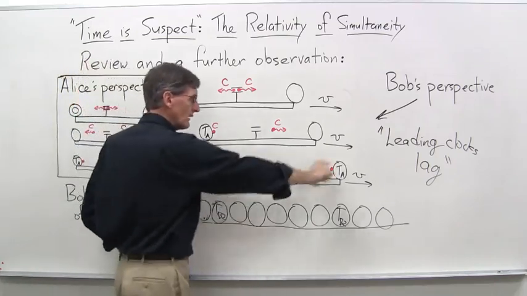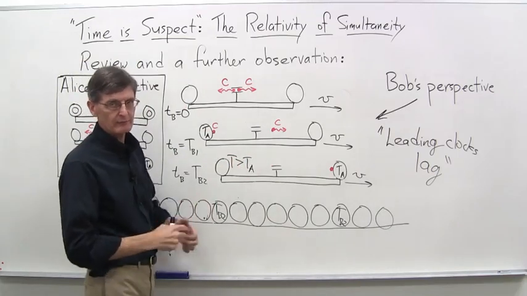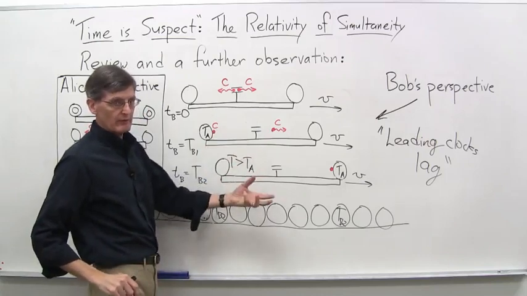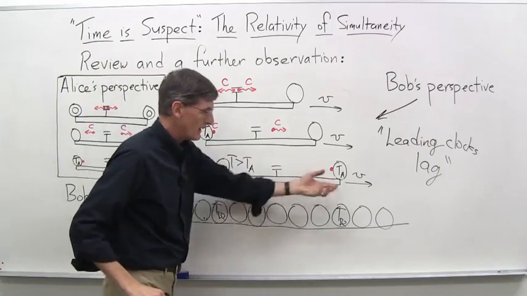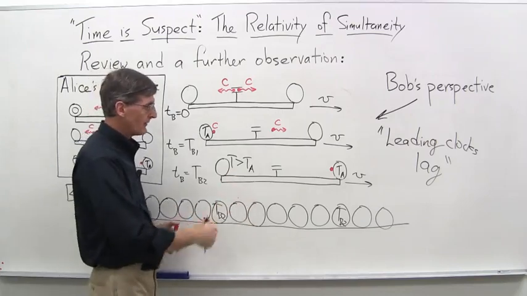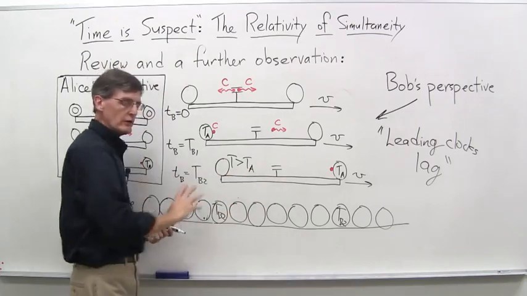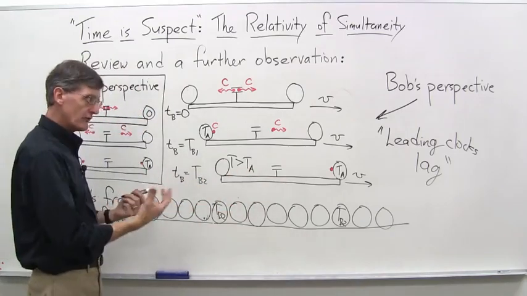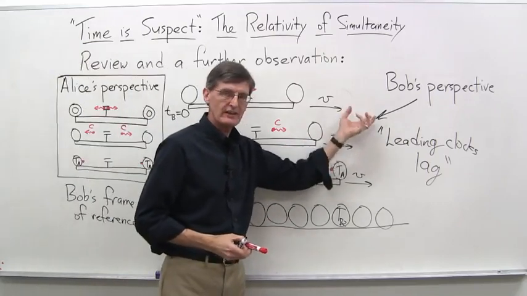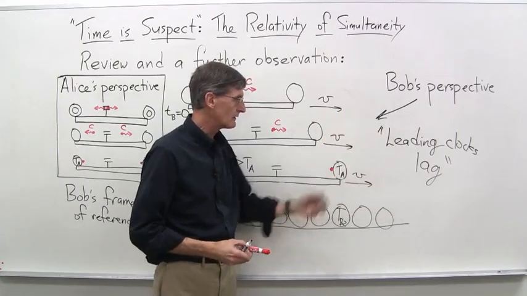If you have Alice flying by, or whoever's flying by, at a speed v that gets up close to the speed of light, in later video clips coming up here, we will actually look at how fast you have to be going for these effects to start becoming noticeable, but for now we're just doing it qualitatively. And clearly the weird result here, it takes a while to get our minds around this, is why sometimes it's just useful to state it in a very succinct principle and just memorize that principle: leading clocks lag.